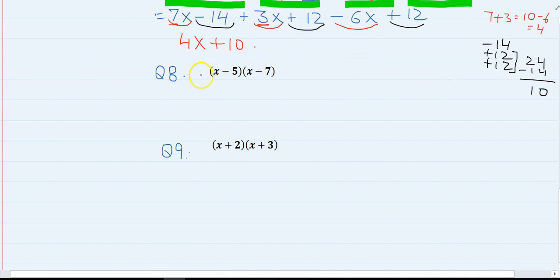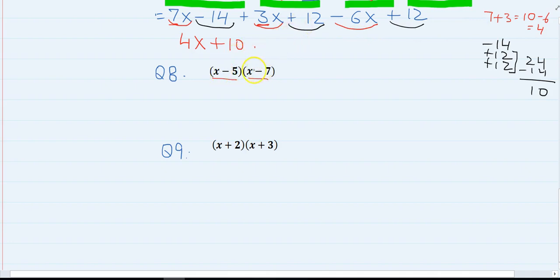Now let's come to a different type of expression where we have 2 brackets and we have to multiply the expression in one bracket with the expression in the second bracket.